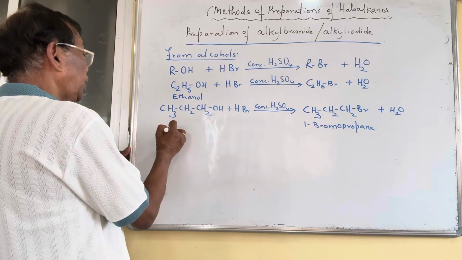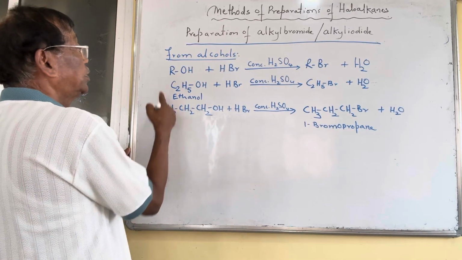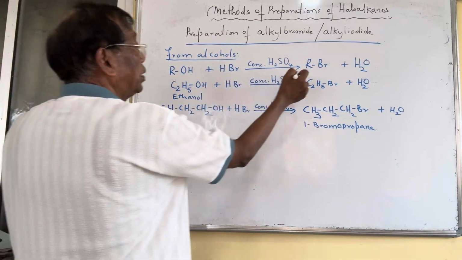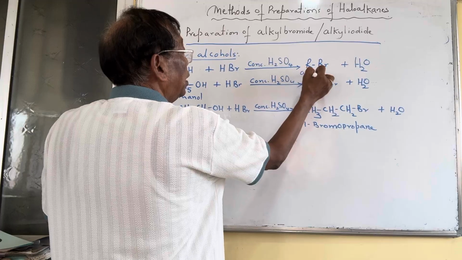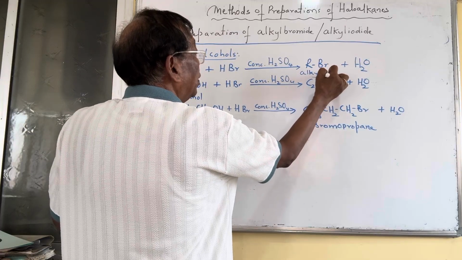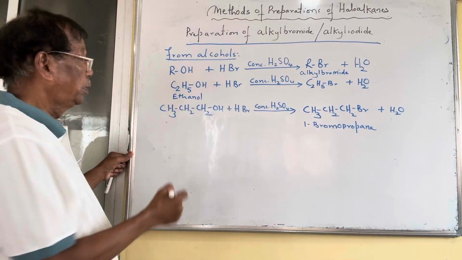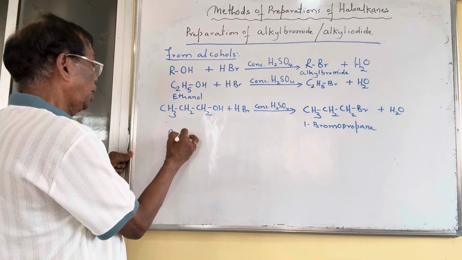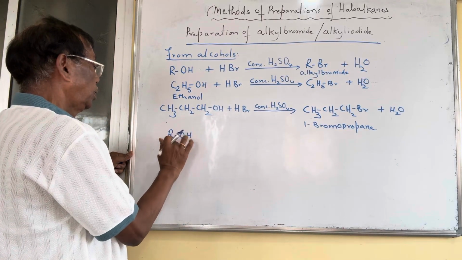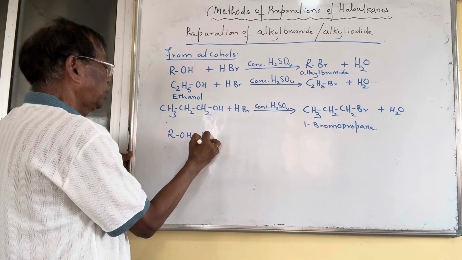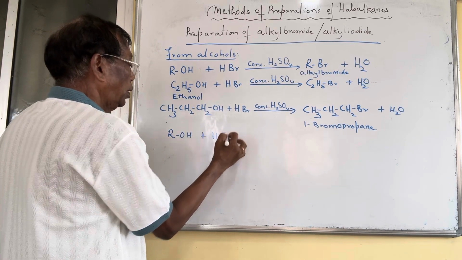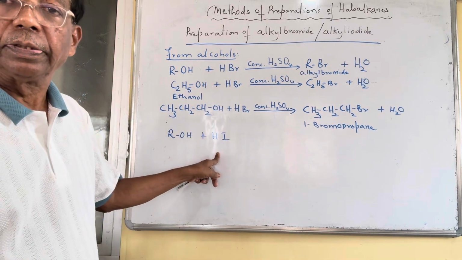Suppose I want to prepare alkyl iodide. This was alkyl bromide; now I want to prepare alkyl iodide. Then you can take ROH. I am just giving the general equation. Treat with HI, hydroiodic acid.